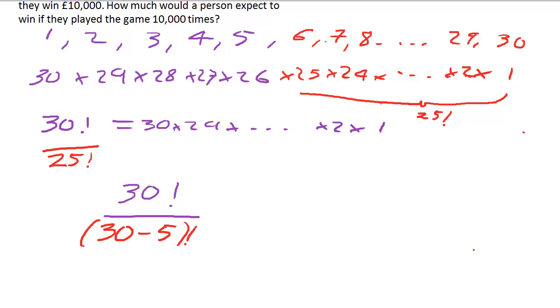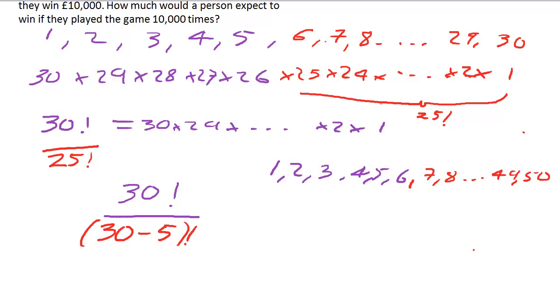So just for example, say we had 6 winning numbers from 50, which is quite close to a lot of lotteries. If you had 6 winning numbers from 50, you have 1, 2, 3, 4, 5, 6 as your winning positions, and you'd carry all the way up to 7, 8, and so on up to 49 and 50.